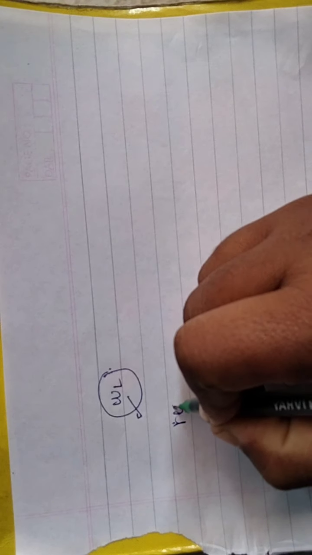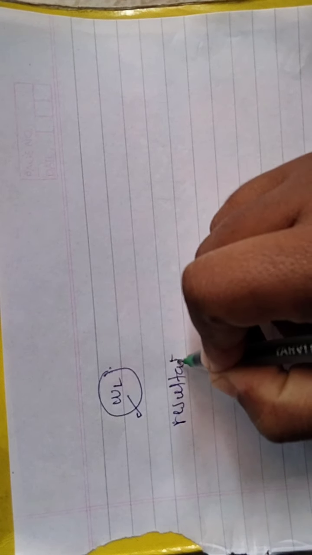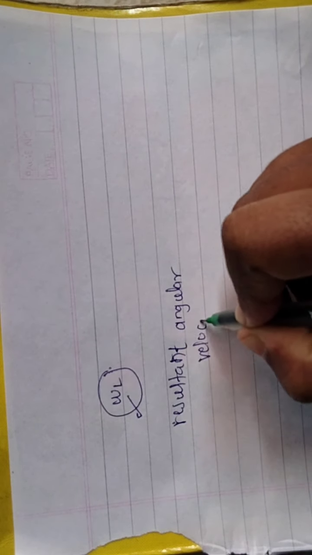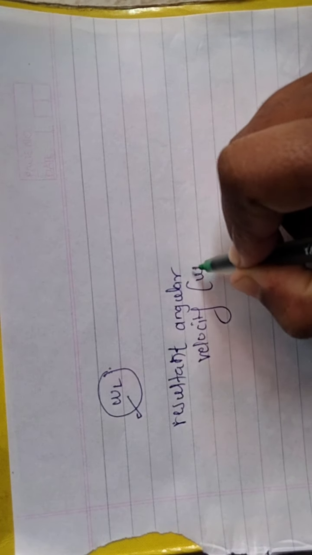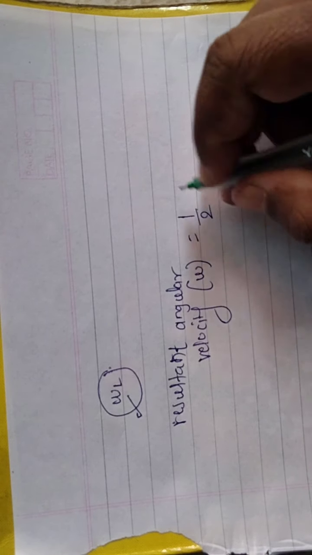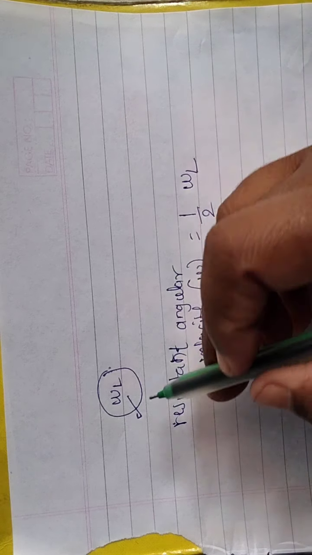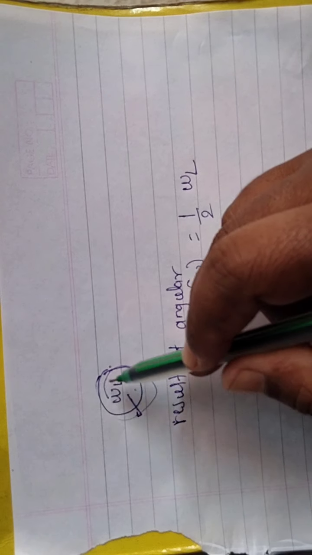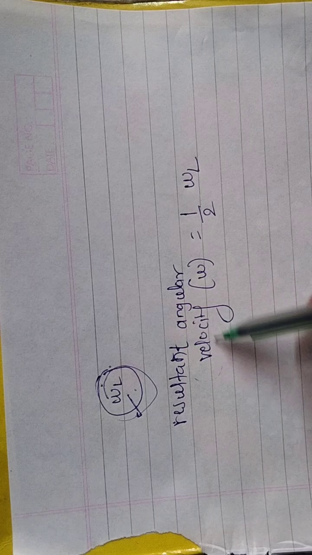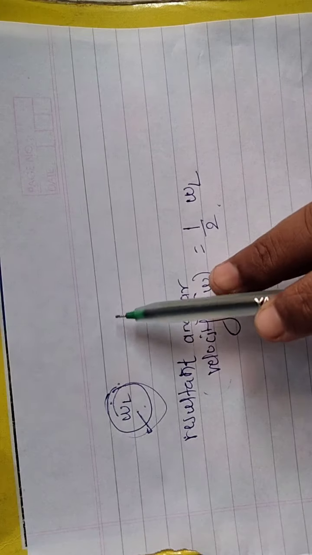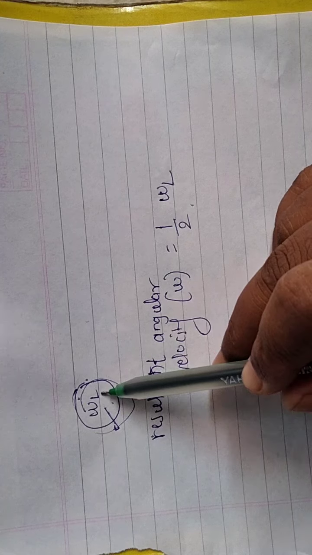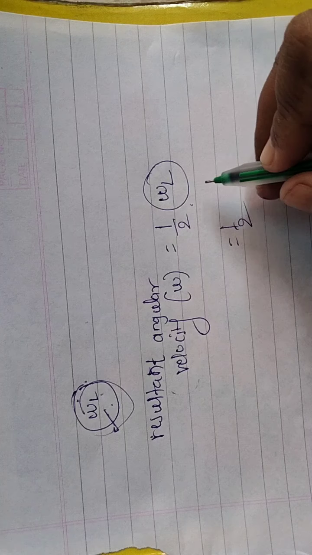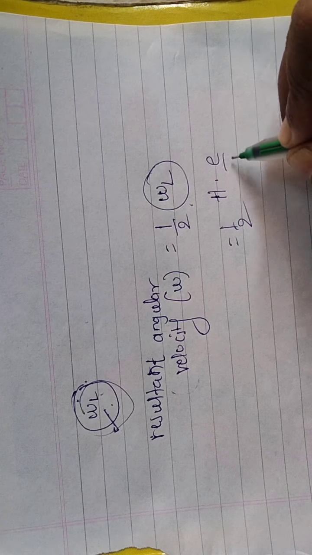So the total resultant angular velocity of the electron is omega, but in case of the relativistic effect it is half, so omega L. According to the relativistic effect, this is the angular velocity, but this total angular velocity becomes half of this relativistic angular velocity. So the value of omega L is heB upon mc.